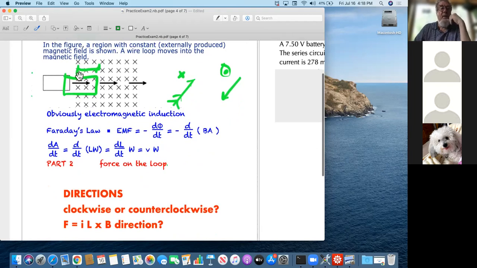What's the direction of the electromotive force? Is it clockwise or is it counterclockwise? Well, for that, you need to know the right-hand rule for electromagnetic induction.